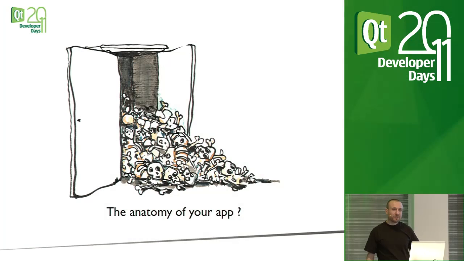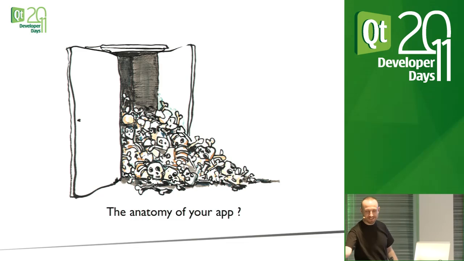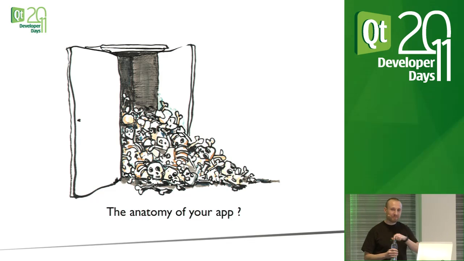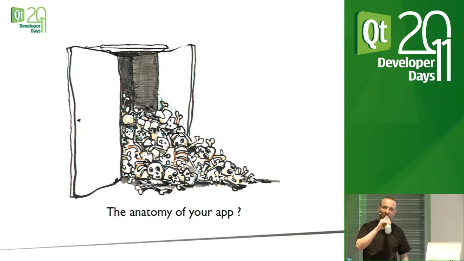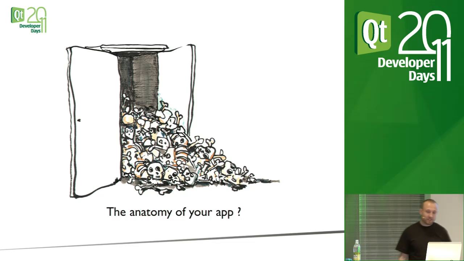So I'll give you a little bit of a moment to ponder this question. The thing is that we all strive to write clean, beautiful code and clean, beautiful structures.